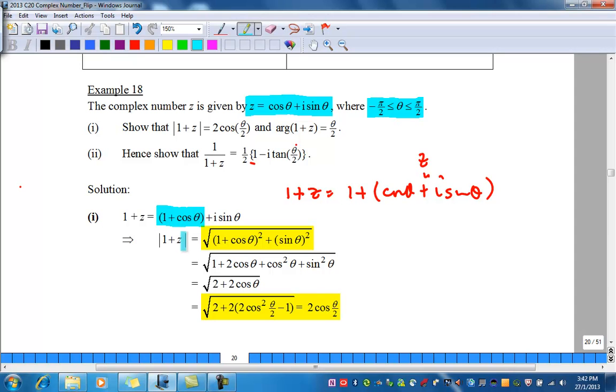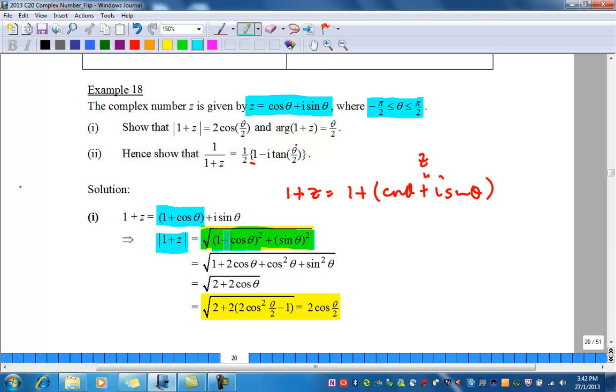The modulus of 1 plus z by definition is equal to the square root of x squared plus y squared, which is the square root of 1 plus cos theta squared plus sine squared theta.